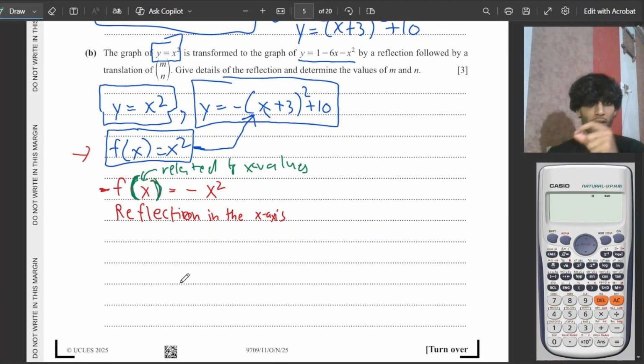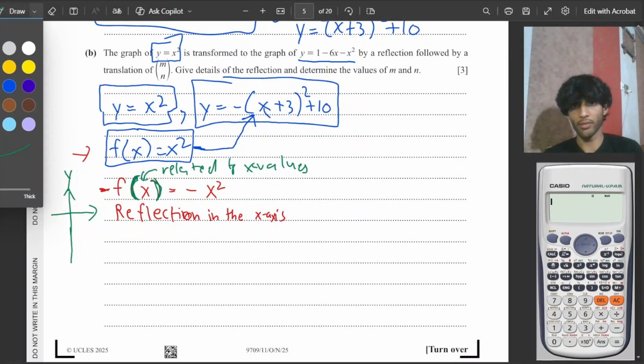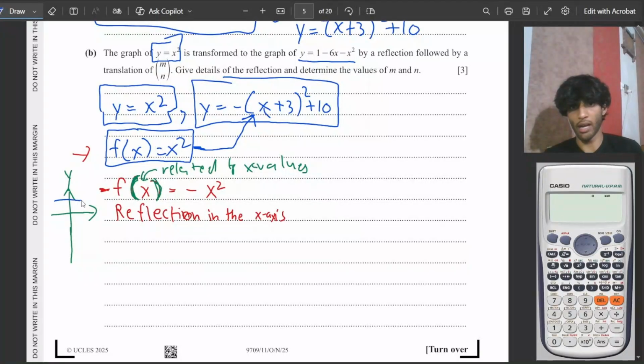So putting a negative sign next to f means I'm taking all of my y values and turning them negative. What does that mean? If I make my grid over here, my y-axis and my x-axis, let's say I have a graph and it's just a straight line.